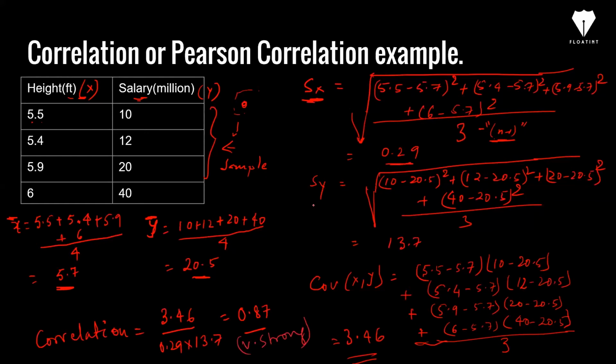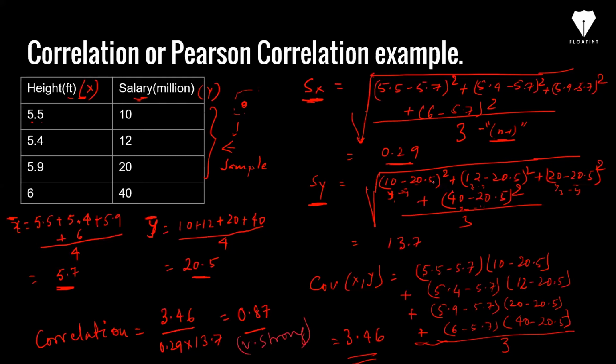Then I take the standard deviation of y, that is my response. Again I follow the same thing: 10 minus the mean. This is nothing but x minus x bar, or in this case y minus y bar: y1 minus y bar, y2 minus y bar, y3 minus y bar, y4 minus y bar. You don't have to be confused here.